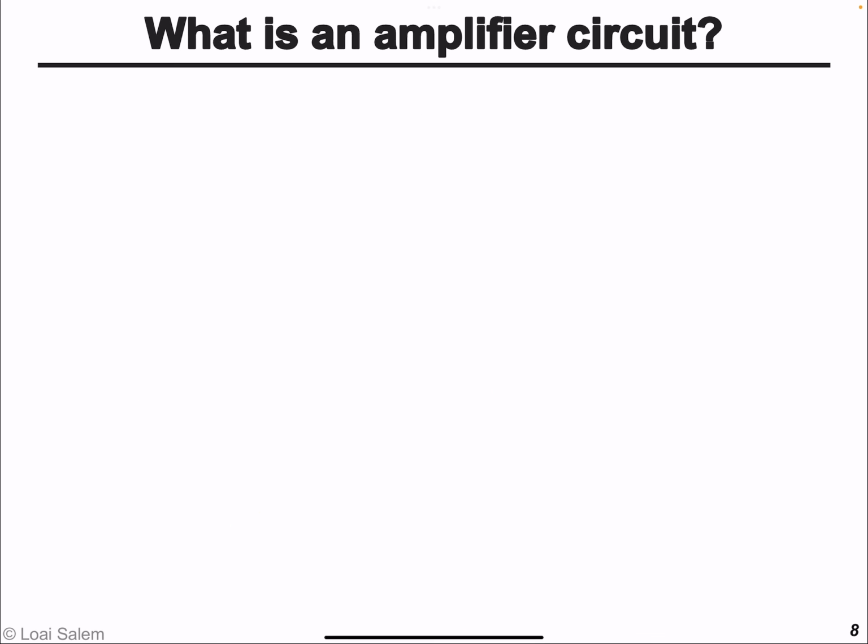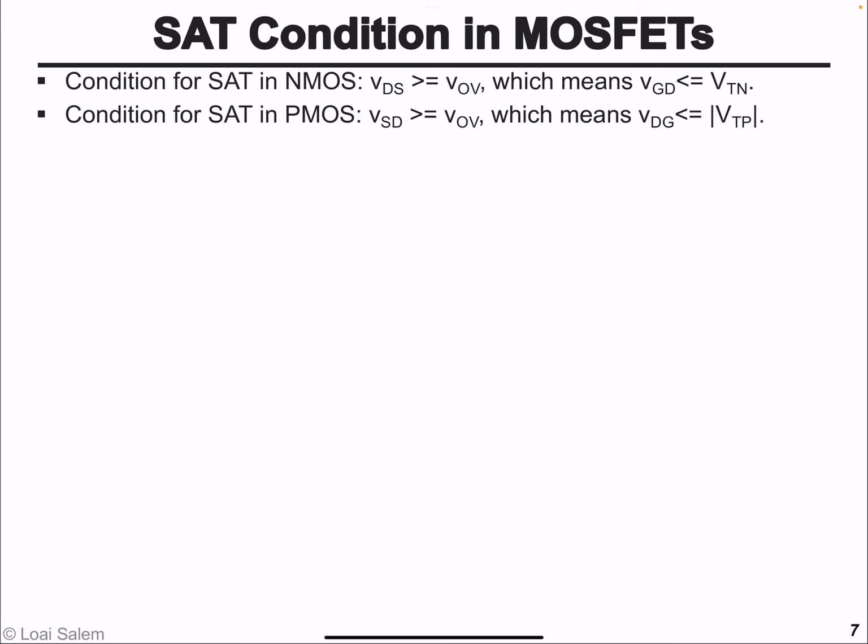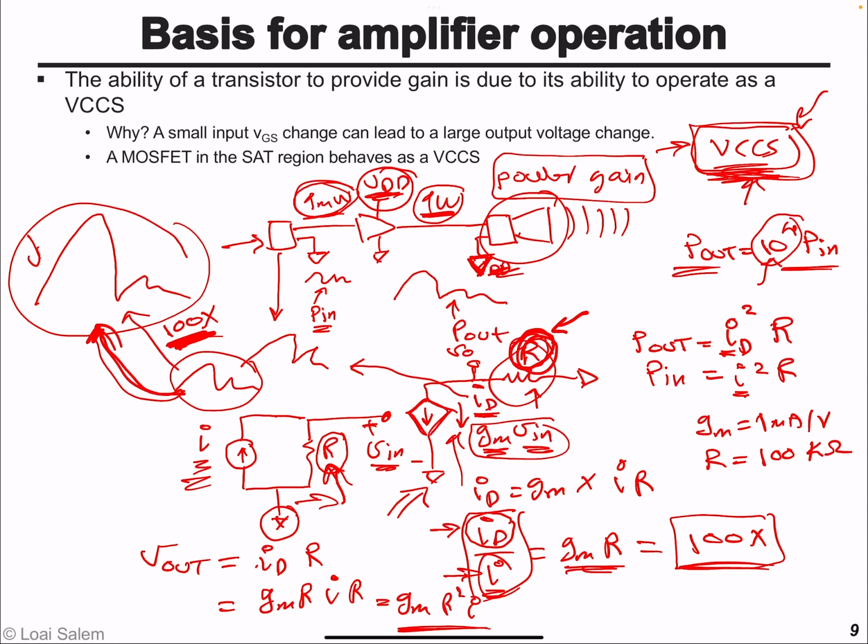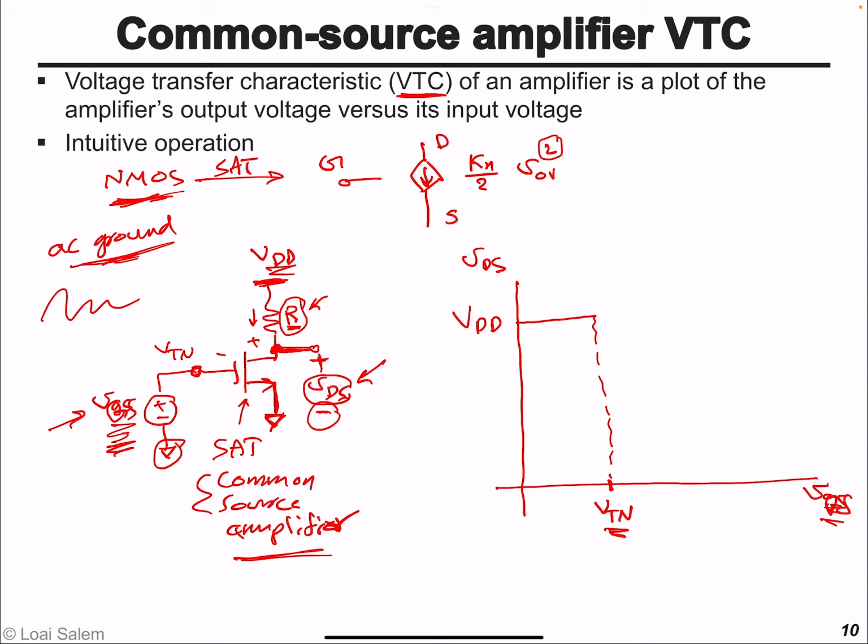And remember, we said that for the transistor to be in saturation, the gate to drain voltage essentially should be less than VTN. So essentially, in this case, that's satisfied when we have the drain node at a much higher potential than the gate node.